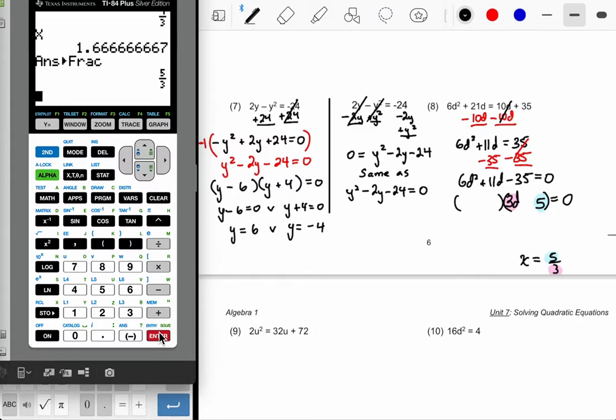In the other binomial, the first term is going to be 2d, because that's how I'm going to get to a 6d squared. And to get from a 5 to a 35, it would have to be a 7. It's just a question of signage. Your root is always going to have the opposite sign of your factor.